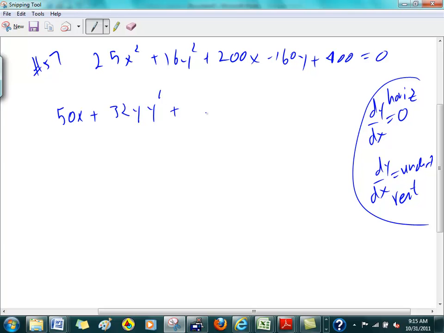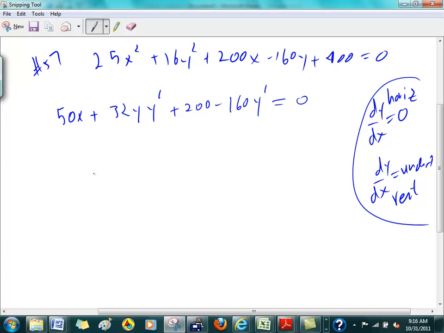And the next one? 200. And the next one? 160 y prime. And the next one? 0. So this is all equal to 0.